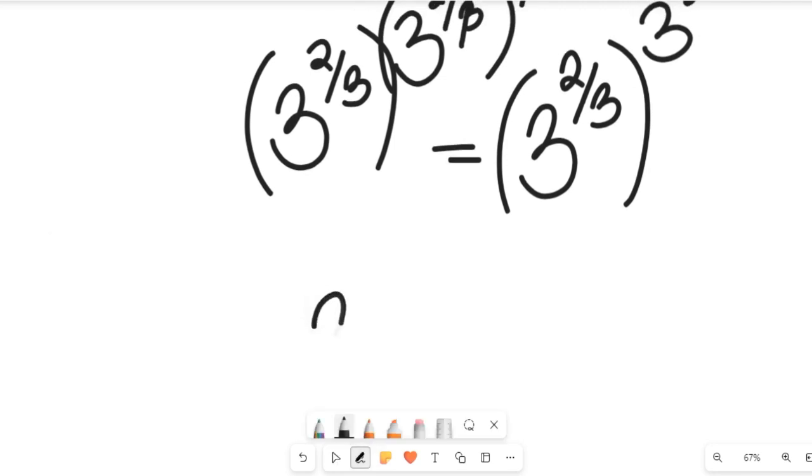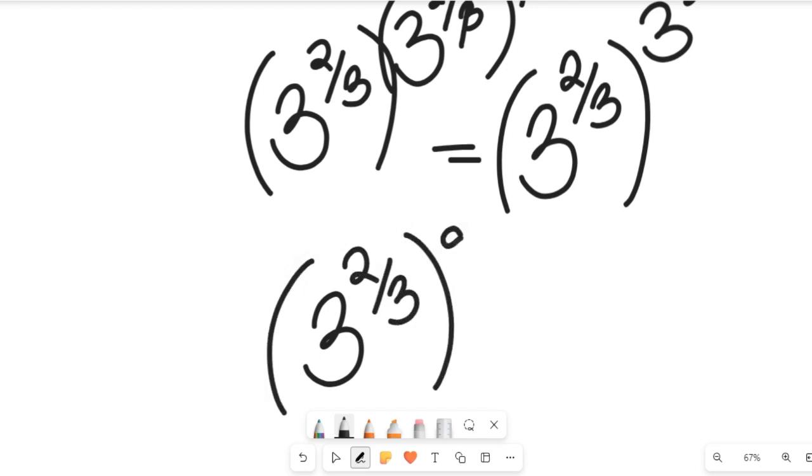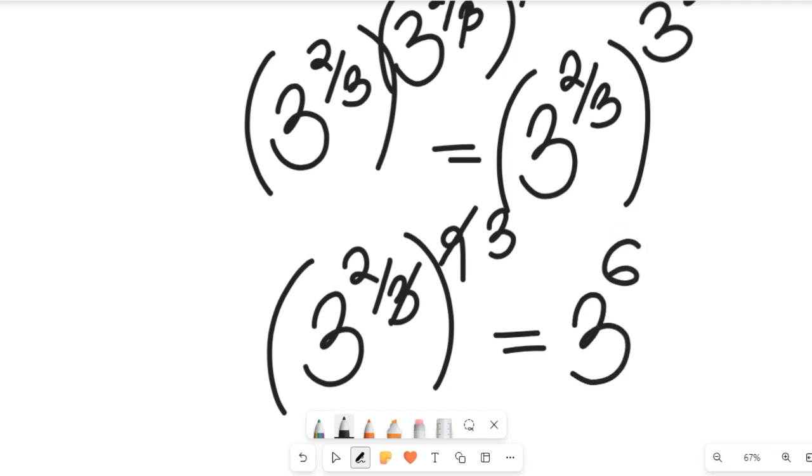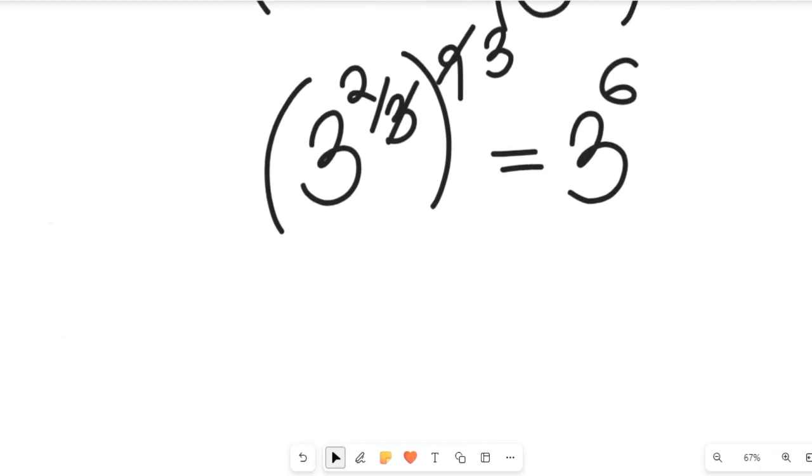So we'll have 3 to the power of 2 divided by 3 multiplied by the power of 9. Definitely, if the exponent multiplies the exponent, 9 divided by 3 will give us 3. So we'll have 3 to the power of 2 times 3, which gives us 6. Now, will 3 to the power of 6 give us 729?